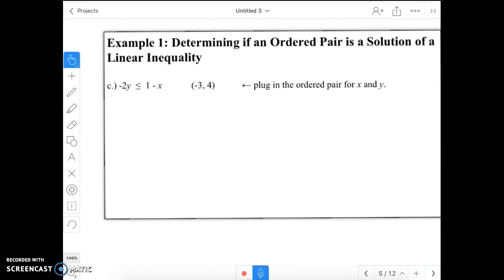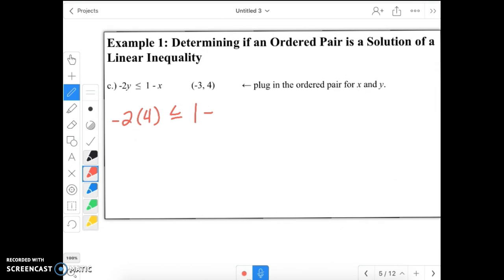Okay, moving on. Again, it's not perfectly in slope-intercept form, but we are still able to plug in a point to see if this would be true or not for that point. So we can say negative 2 times 4, plugged in for y, is less than or equal to 1 minus negative 3.